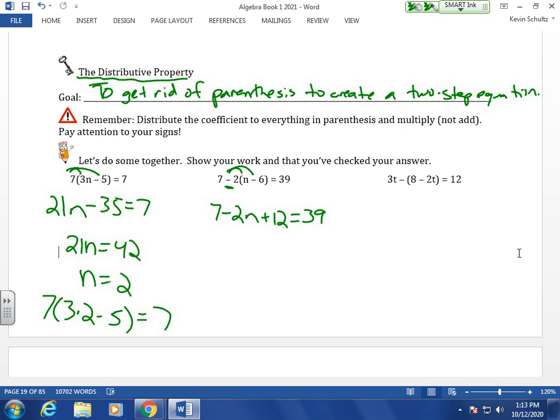We got like terms there. 7 and 12, both being constants, we can combine them to get 19, and negative 2n plus 19 equals 39 is our two-step equation. That 39 doesn't change at all throughout this entire process because we're not moving anything over. We're just dealing with that left side.